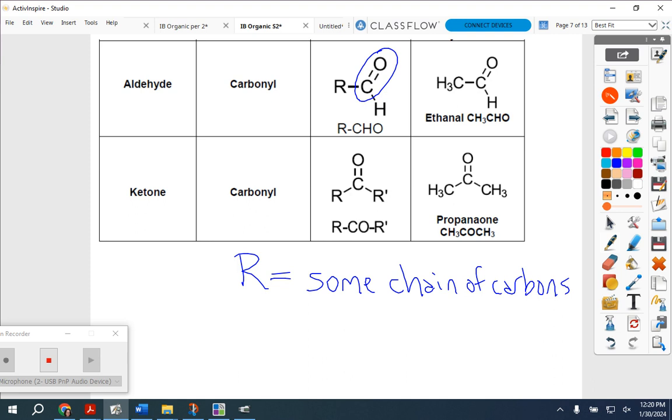So the R, imagine it's a carbon and then whatever else is attached to that carbon. Could be just a methyl group, could be a whole chain of 20 carbons with this at the end of it. And then you'll see sometimes, like on the ketones, R prime is just a different chain.